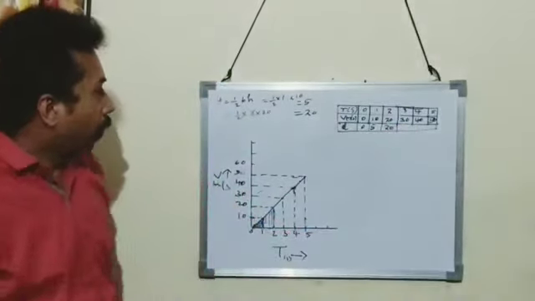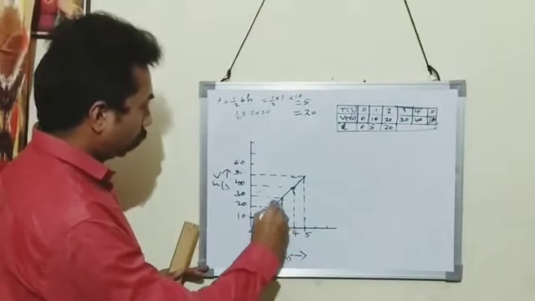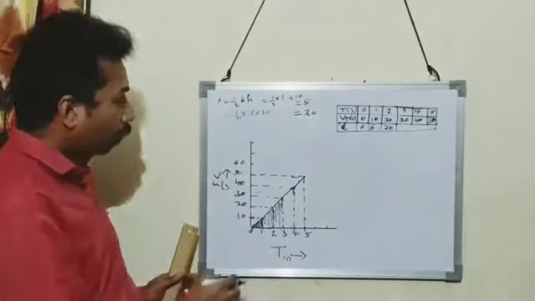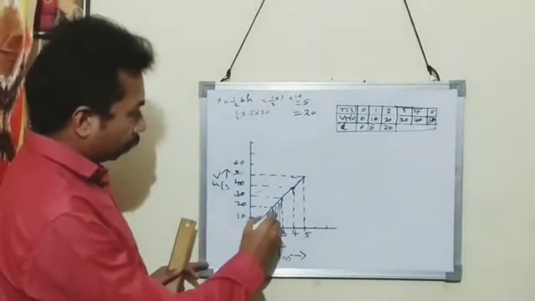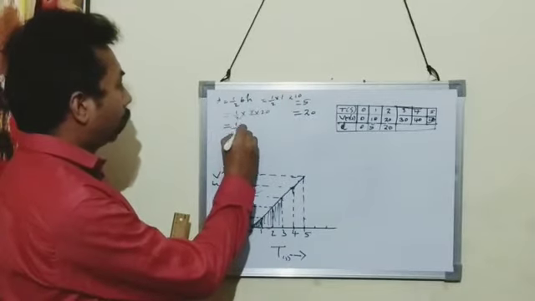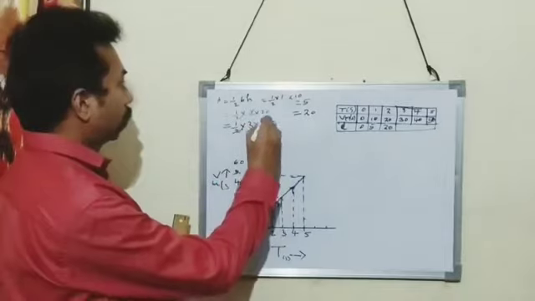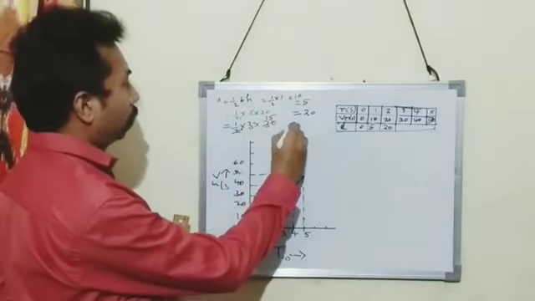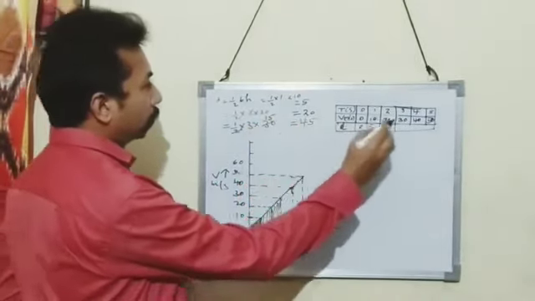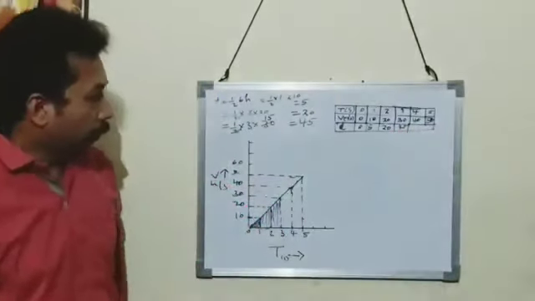And what is the displacement in 3 seconds? We have to find the area of this triangle. So what is the area? Half base into height, half 3 into 30, 15 into 3, 45. Then what is the displacement in 4 seconds?